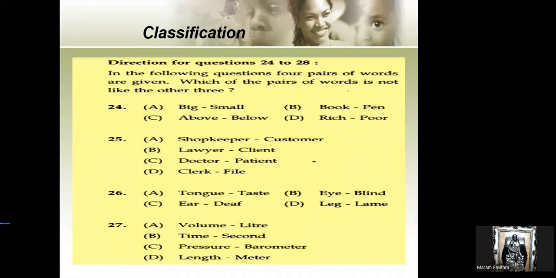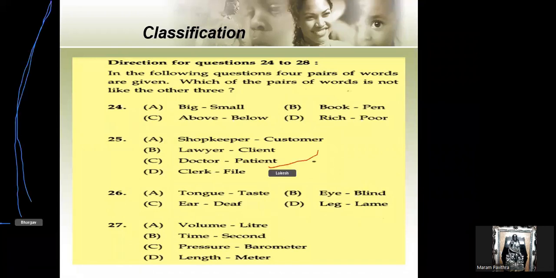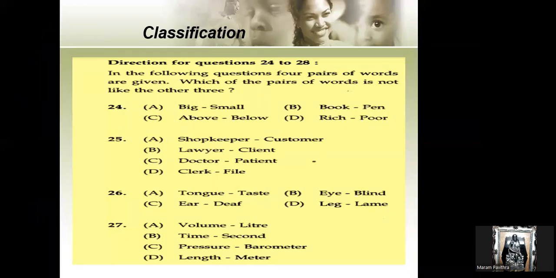The unit of volume is liter. Time, second, it's a unit. Length, meter. Pressure and barometer is very clear. There is a relation between pressure and barometer: a barometer measures the pressure. It's correct, but it's not a unit. Volume and liter, it's a unit.